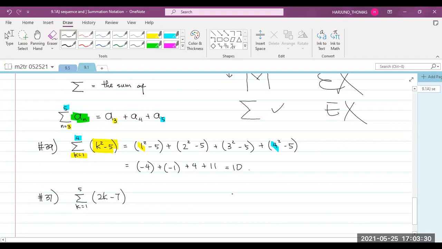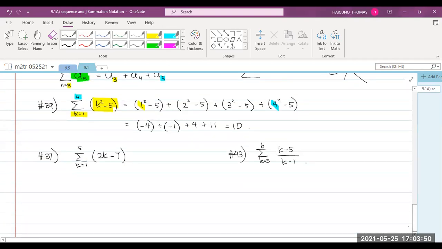I think number 43 requires you to know your fractions, but you should have known that. The summation from k equals 3 to 6 of k minus 5 over k minus 1. Okay, let me give you 3 or 4 minutes for this.